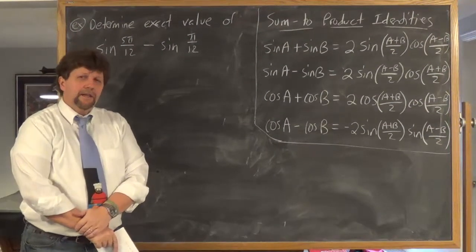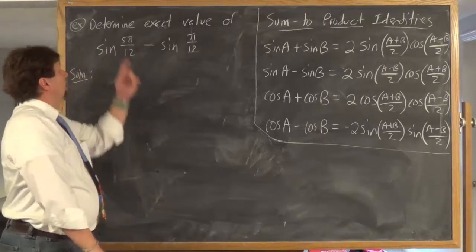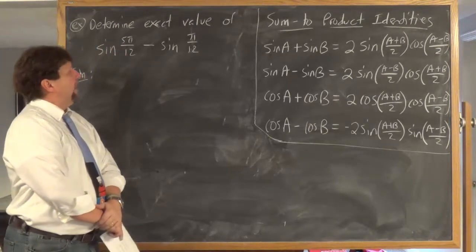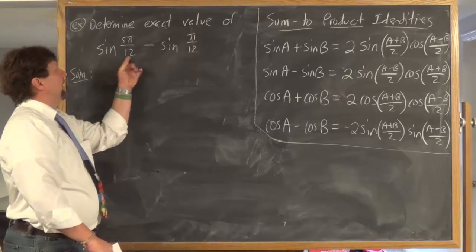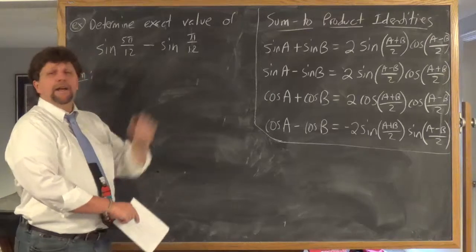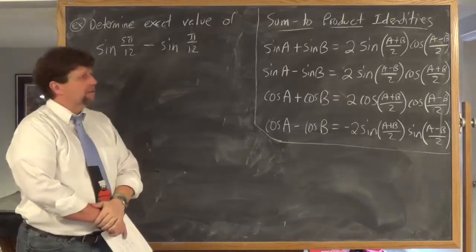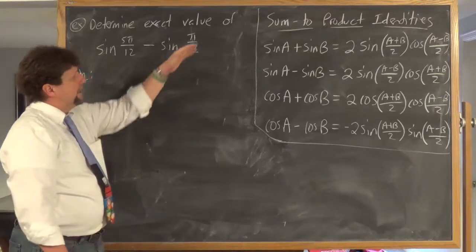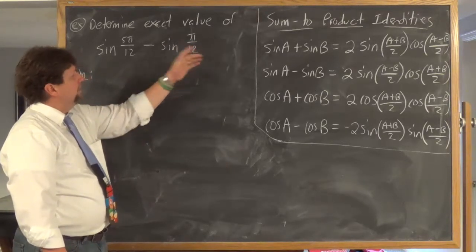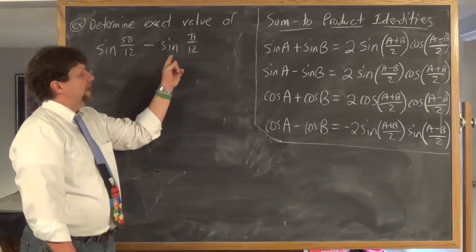All right, here on this last example of looking at sum to product identities, we're asked to determine the exact value of sine 5 pi over 12 minus sine pi over 12. So when I look at my sum to product identities, I'm looking for the one that would be a subtraction with 2 sines.